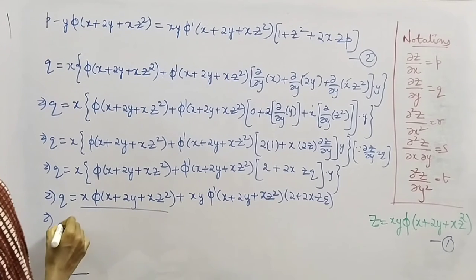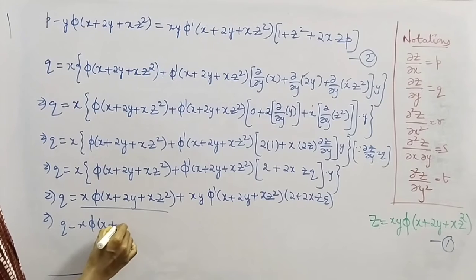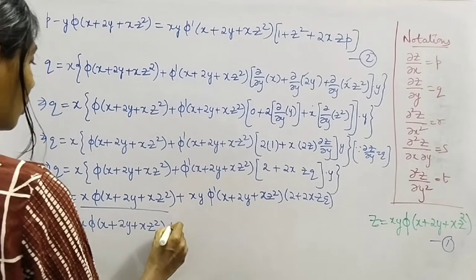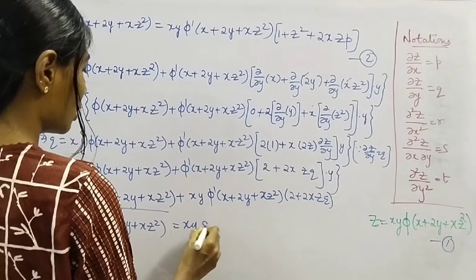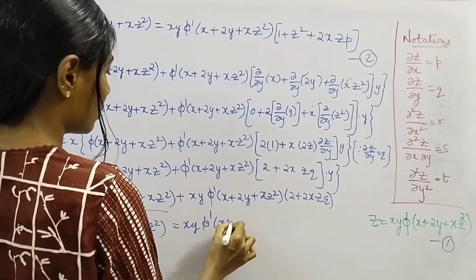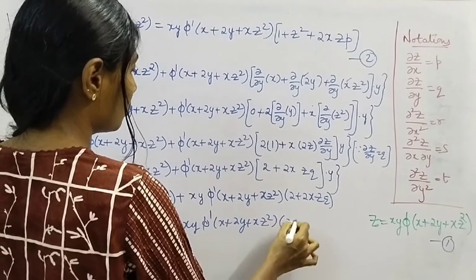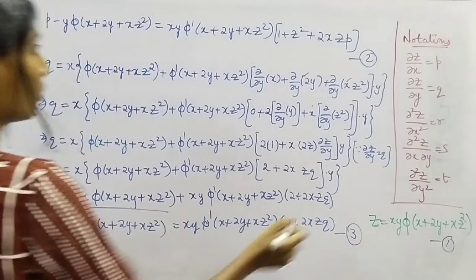Now bring this term to LHS, you'll get q minus x into phi of x plus 2y plus xz square equal to xy into phi dash of x plus 2y plus xz square into 2 plus 2xz cube. Consider as equation number 3.